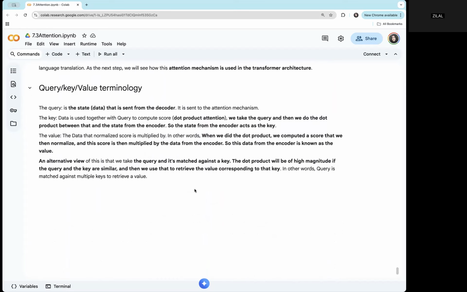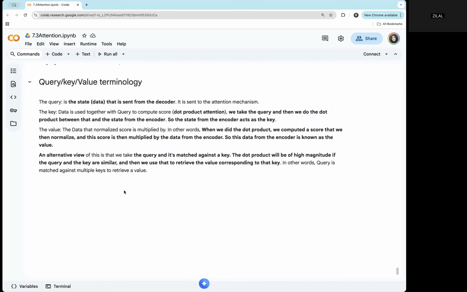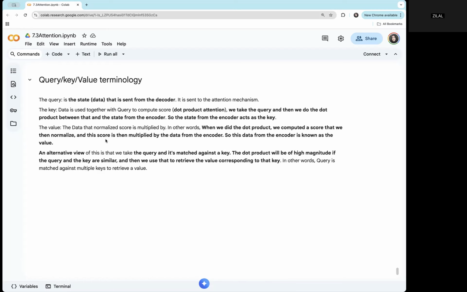One thing I want to mention is some terminology, the query, key, and value, and this is very important to understand. You can listen to it again if you didn't understand the first time. The query is the state or the data that is sent from the decoder. It is sent to the attention mechanism.